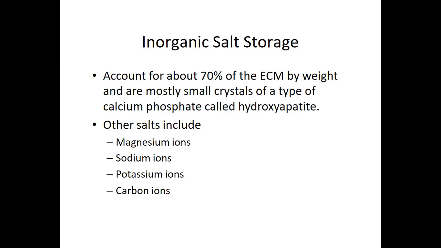So I want you to start paying attention to these supplements and medications that you see being promoted for strengthening of bones or repairing of bones. And you'll probably notice that they are made of hydroxyapatite or calcium phosphate. Some other salts that the bones will store are your magnesium ions, your sodium ions, potassium ions, and carbon ions.